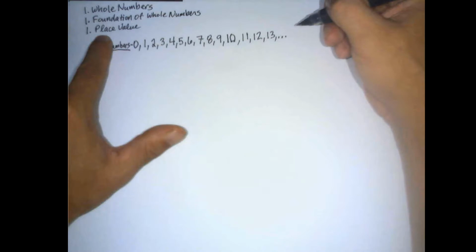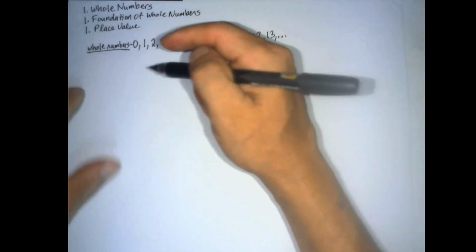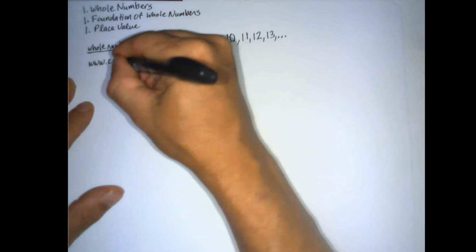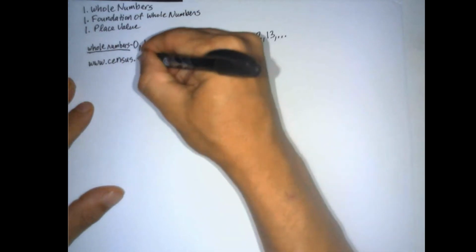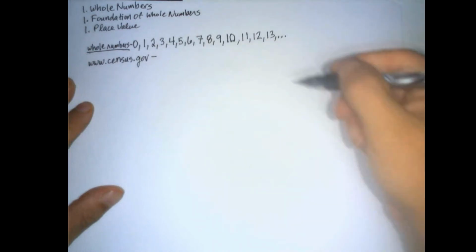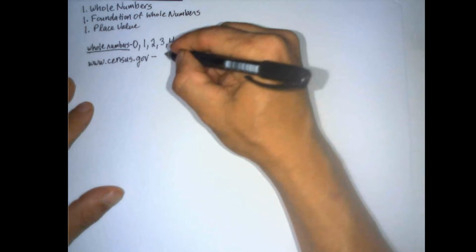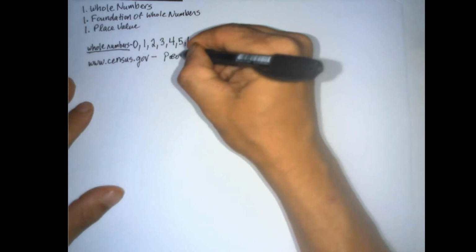So to demonstrate place value in action, I'm going to go to the census website, and I invite you to do this as well. It's www.census.gov. And this number will change, of course, because the population of the world is changing. And click on population, or people. Click on people.